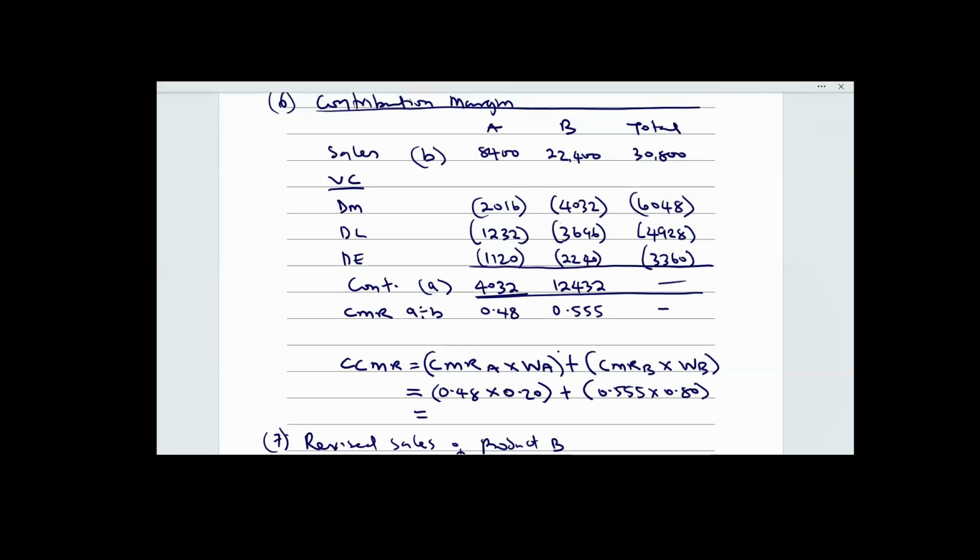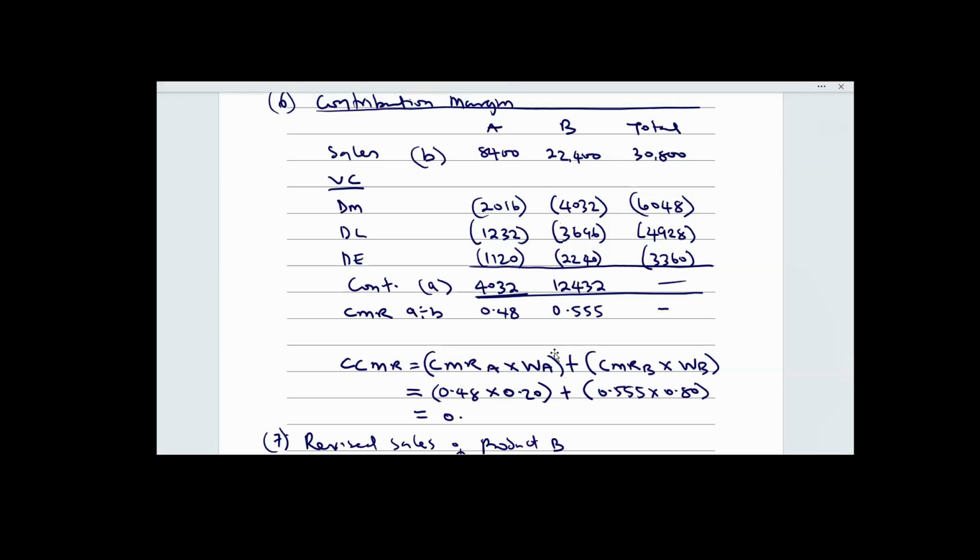Use the calculator and get the final answer. 0.48 multiplied by 0.2 is 0.096, plus 0.555 multiplied by 0.8. Add everything together.